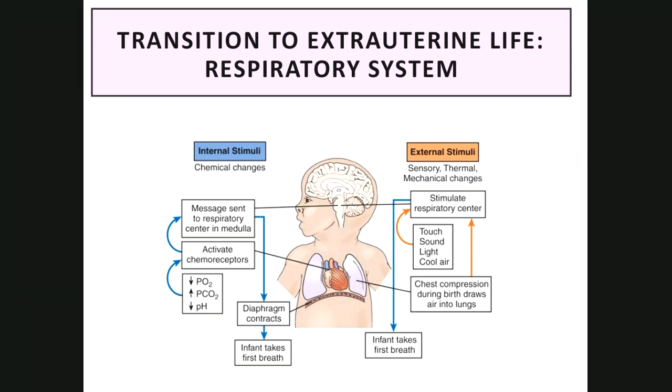That cold and change of temperature is also a mechanical change that stimulates the respiratory center. So touch, sound, light, and the cold air stimulate, you see this arrow, the respiratory center. And the chest compression during the birth draws air into the lungs, and that stimulates the respiratory center.